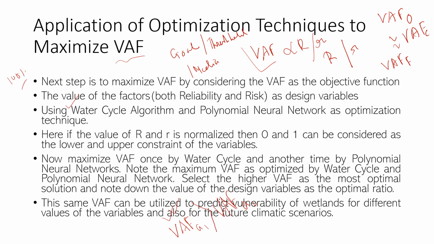So presently all the vulnerability analysis methods are absolute methods. They do not give you any reference frame. But this method will be the first of its kind, which is giving you a relative vulnerability.